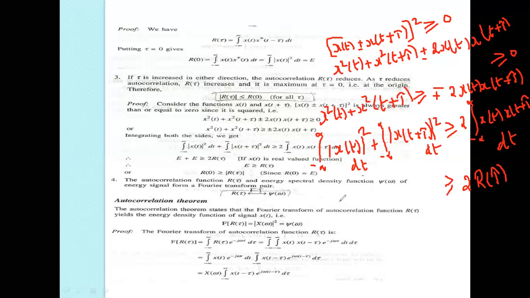At tau equal to 0, that is energy only, E plus E, both are energy signals. 2E is greater than or equal to 2 R of tau, and 2 gets cancelled, so E is greater than or equal to R of tau. What is E? We got tau equal to 0. So tau equal to 0 means R of 0. For the energy signal at tau equal to 0, R of 0 is greater than or equal to R of tau.